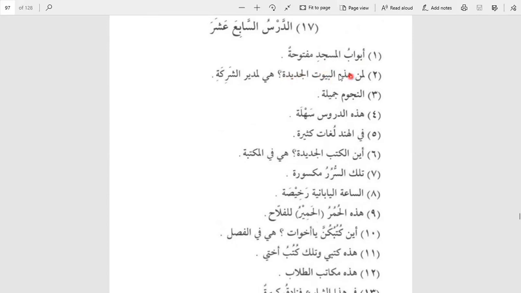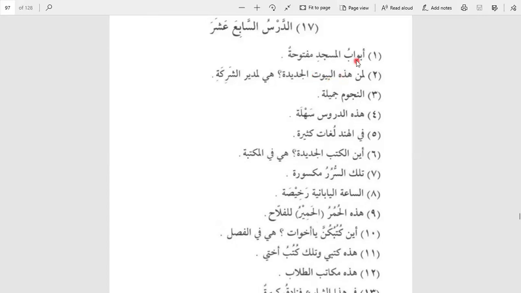Also, we are seeing hadhihi is ishara from another. So for whose liman hadhihi al-buyut al-jadida. For whom is this? These doors are new. These doors. No, the houses.